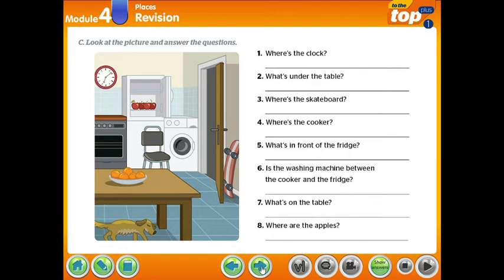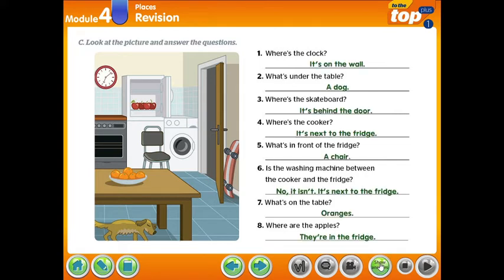Look at this picture well, and then answer the questions using the right preposition and furniture, the name of the furniture in the house. Look at the answers and check if they are the same as your answers.